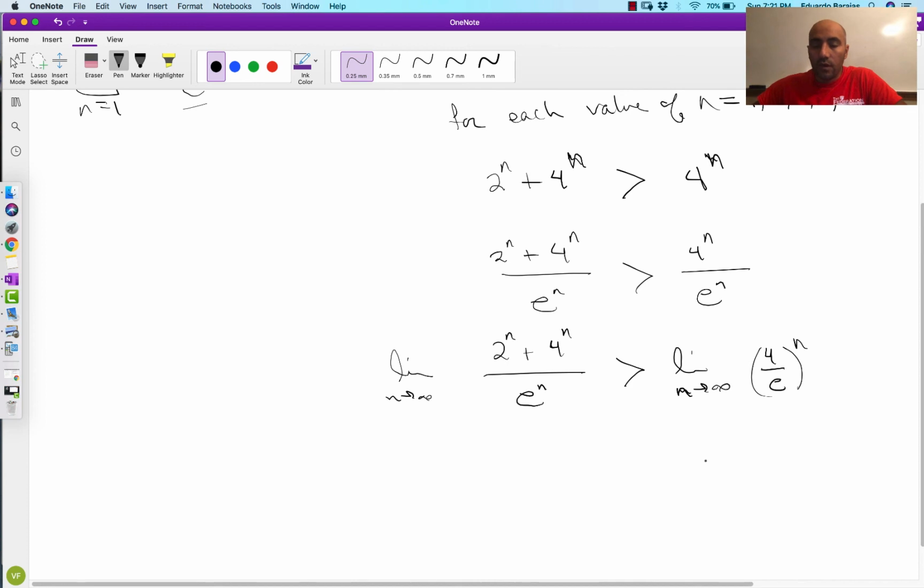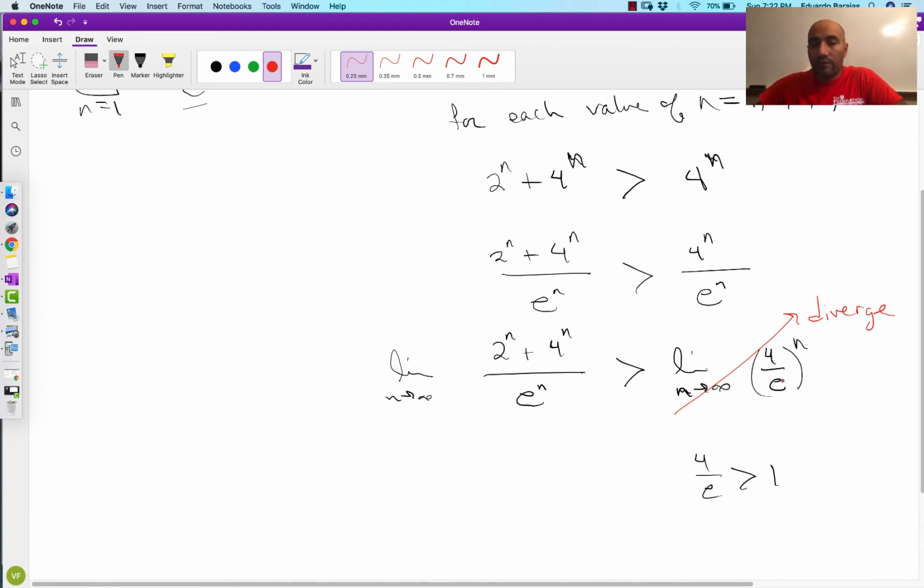So 4 divided by e is definitely greater than 1, and so this whole thing will diverge. It's getting bigger and bigger without bound. It's just growing and growing.